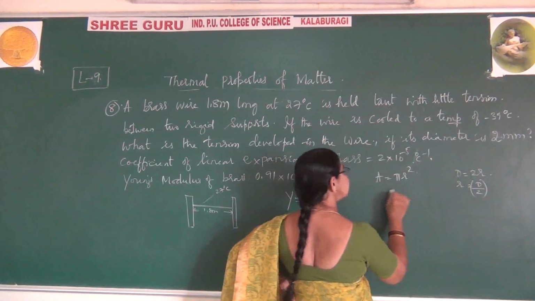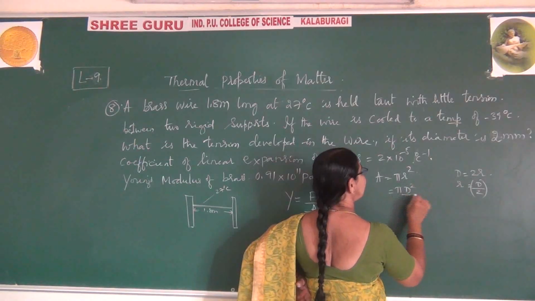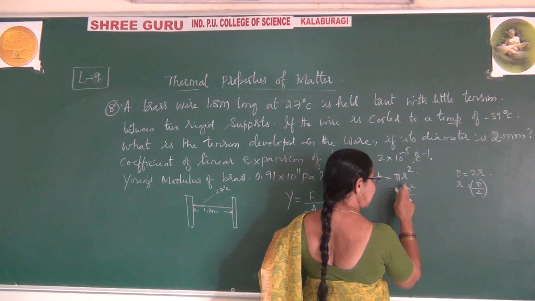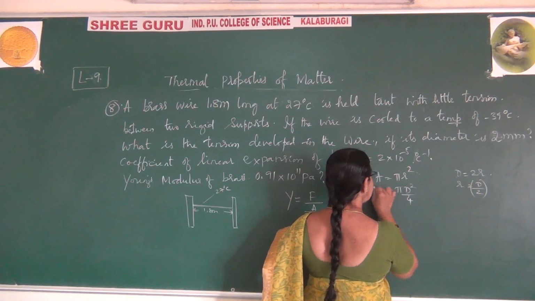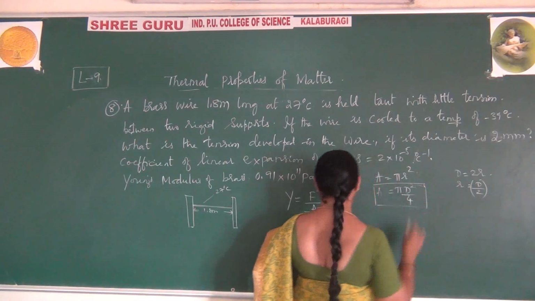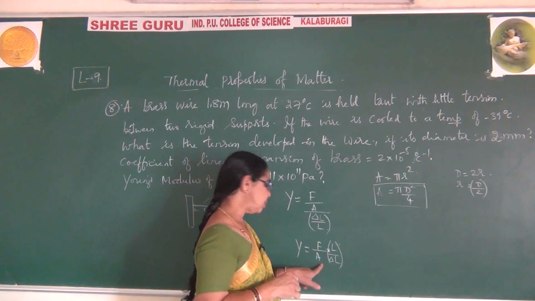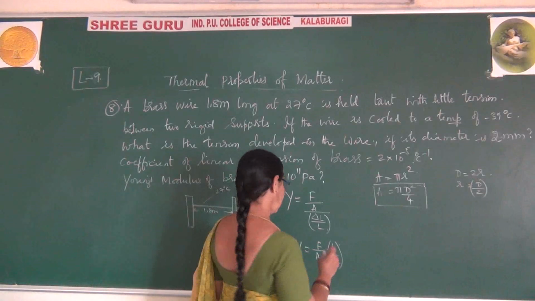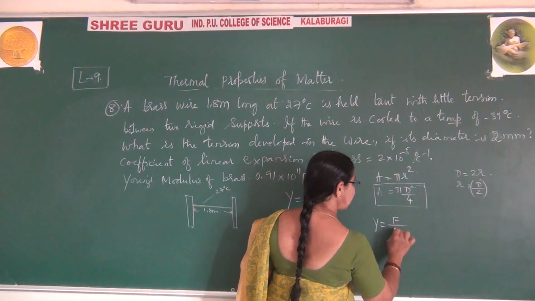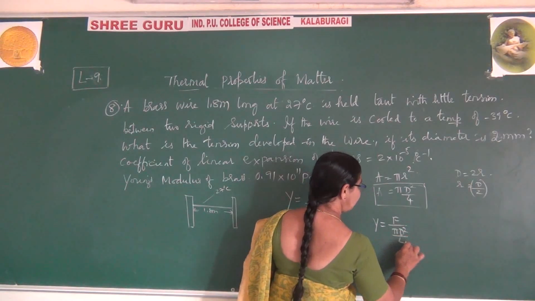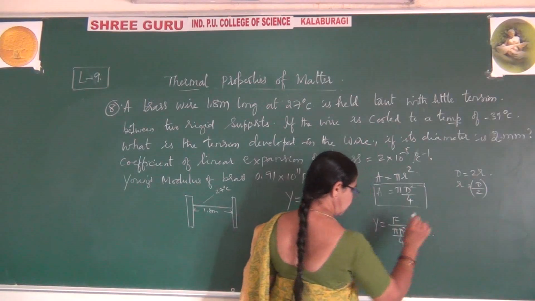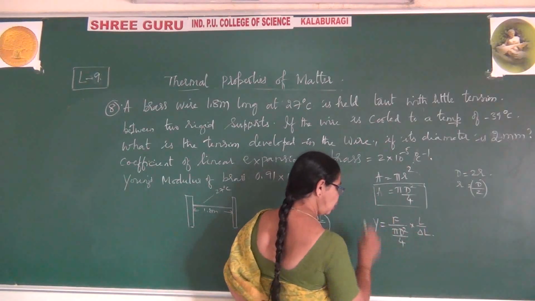So, area is pi d square by 4, because pi into d by 2 whole square gives pi d square by 4. This is the area we use wherever we have A. Now your original formula becomes Y is equal to F divided by pi d square by 4, into L by delta L. This 4 will go to the numerator.